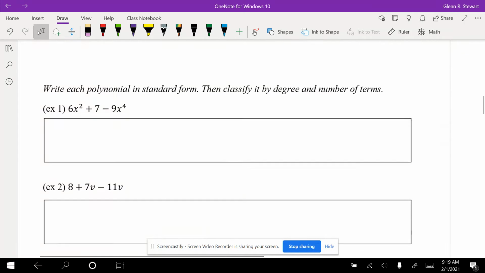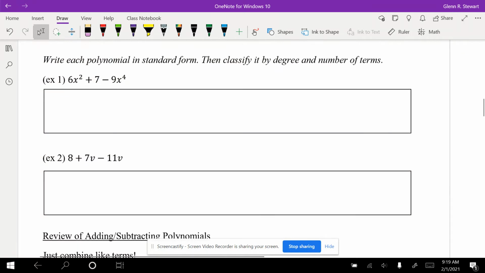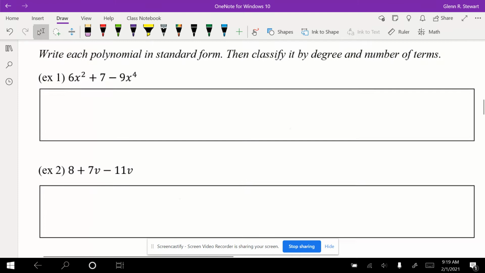Every example that we do, for the most part, we are going to name and classify by degree and term. So take a look at example 1 here. Write each polynomial in standard form and classify it by degree and number of terms. With this first example, I need to look for my highest exponent and then go in descending order.